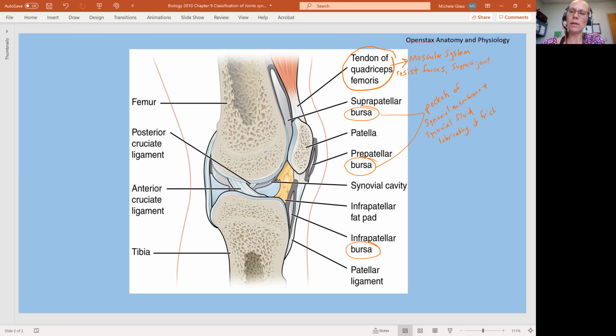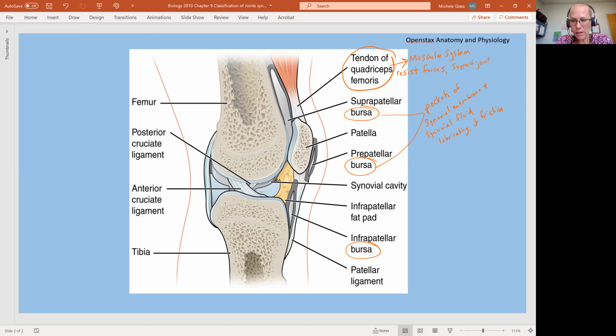This is a key theme here. Notice that these are often located in places where you'd have a lot of friction, so in between the muscle and the bone, in between the patella and the soft tissue of the skin, in between a ligament and a bone, okay?